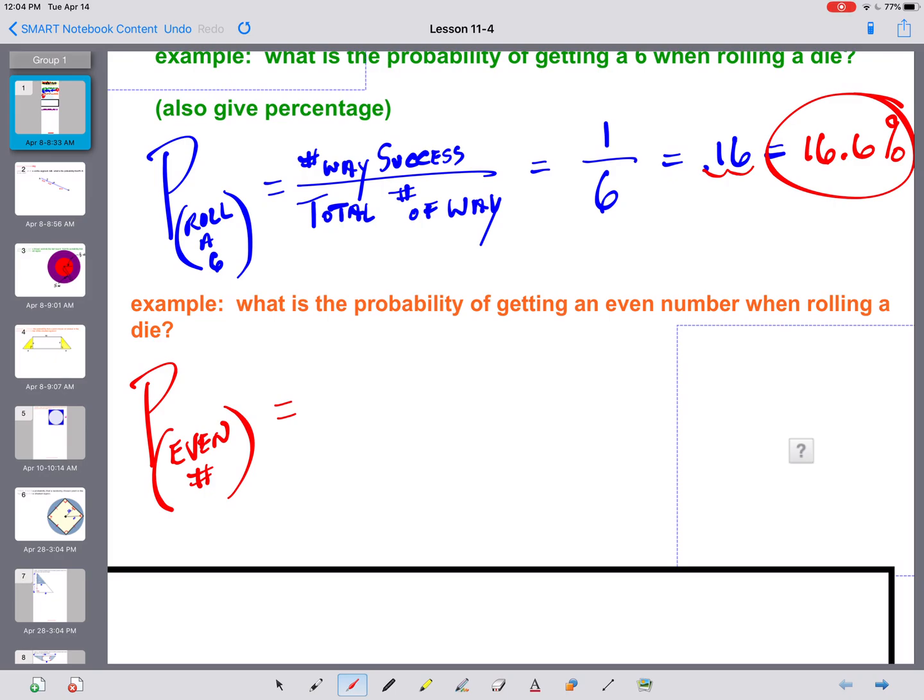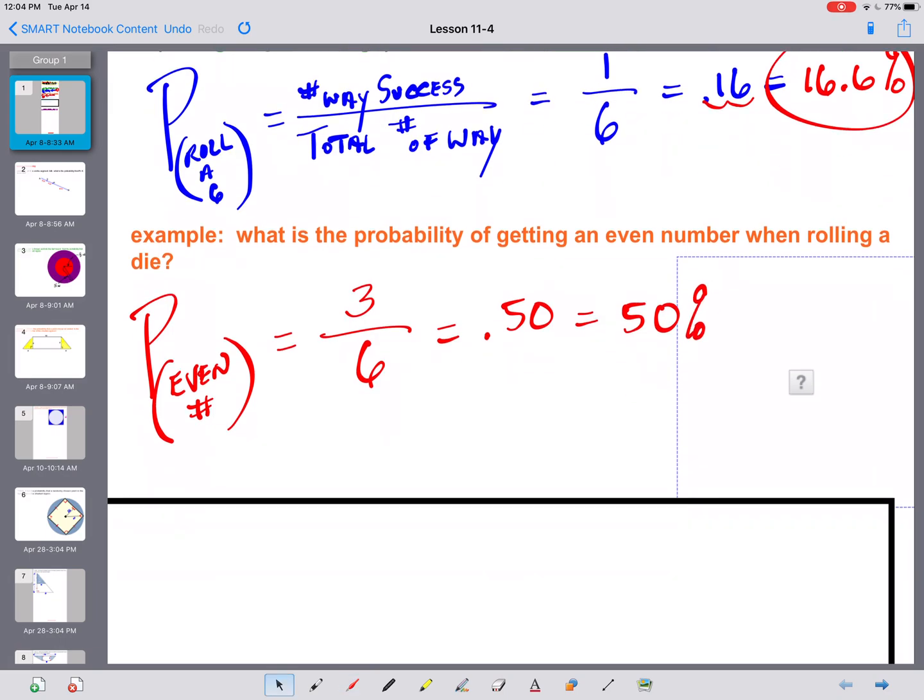There are 3 ways because you could roll a 2, a 4, or a 6. How many total ways can you get a number on a die? 6 different ways. That's 0.50. As a percentage, I got 50%.